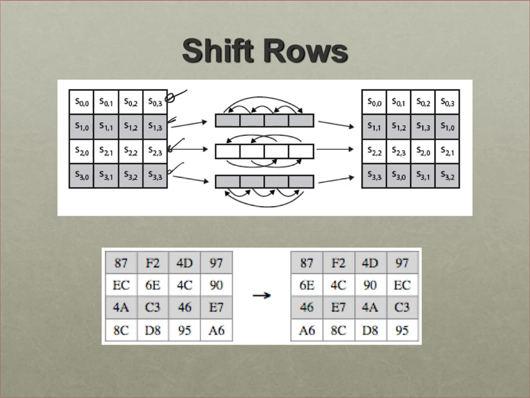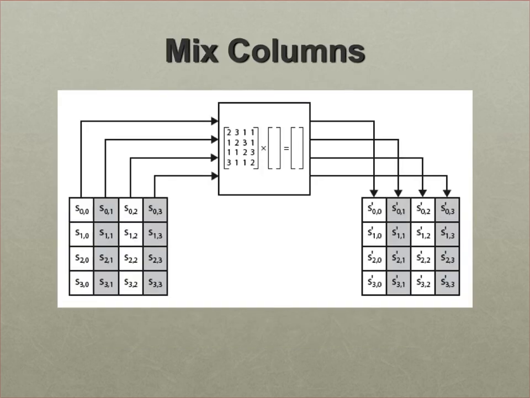And that's why you see this, because it's circular. Again, very simple. If you apply this to the state matrix, the result here contains the same numbers as here, but rearranged, unlike the substitution, which substitutes the value itself. Then we do mix column.